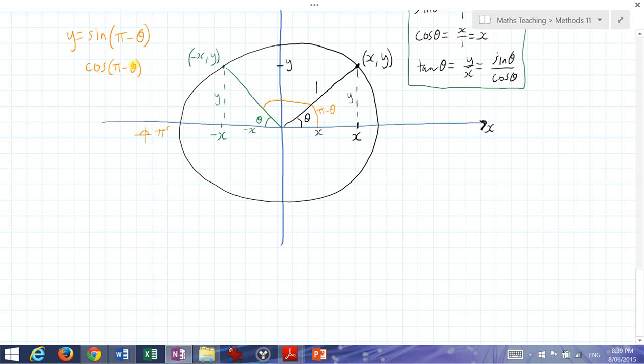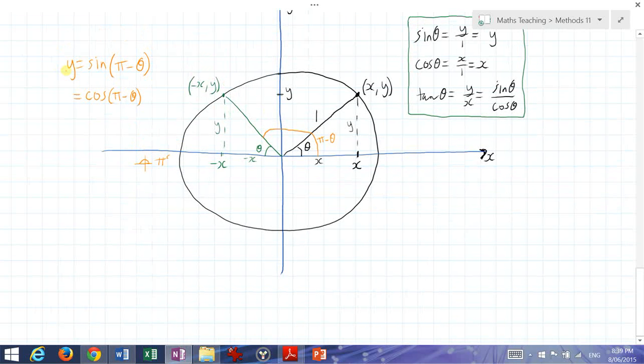If we think about the angle from the positive x-axis to that green line, and we look at the x-coordinate there, the x-coordinate in that green coordinate is negative x. And what would tan of pi minus theta be? It's the y part on the x part, so y divided by negative x.